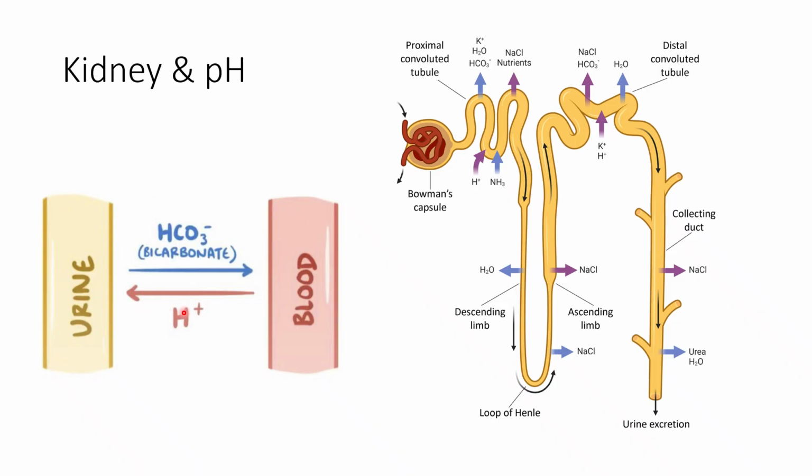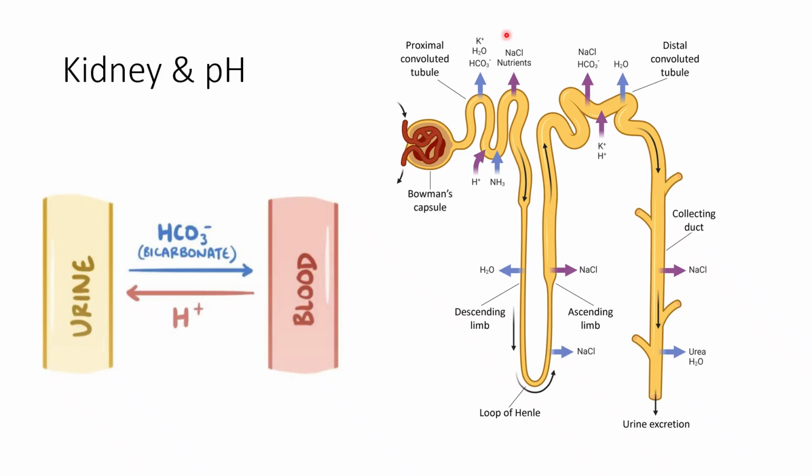So the kidney excretes the acid and saves the base. It happens at multiple levels. At the PCT level, there is secretion of H plus, and at the level of the DCT, there is generation and reabsorption of bicarbonate, and the same is happening in the PCT.